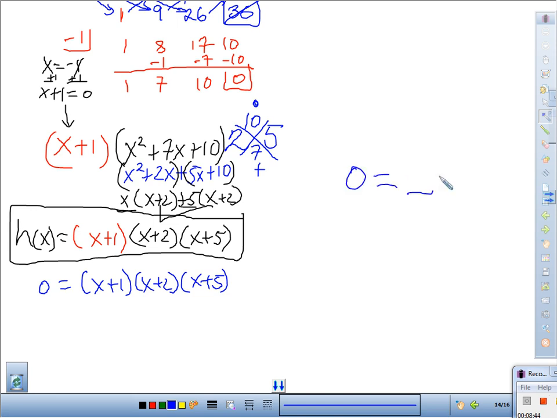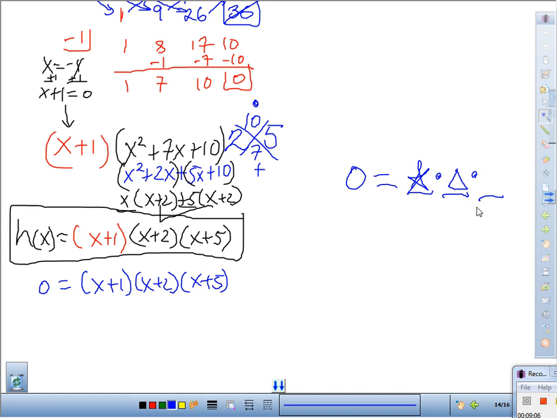If I have something times something times something equal to 0, that means this could be 0. Is that correct? Yes? Because if this was 2 times 3, that's 6, but then this is 0, what is 6 times 0? 0. But since I don't know if this is 0, that means this one could also be 0, because this could be a different number.